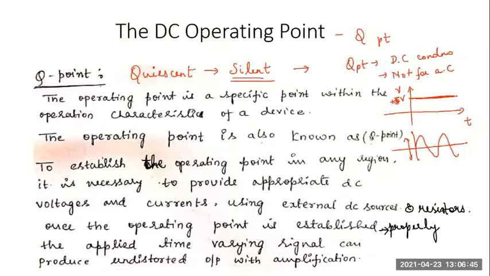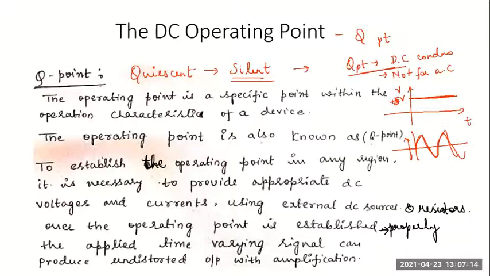Constant values often are silent, whereas in AC there is variation of the signal from minimum to maximum. It can create some noise. That's why we use the name silent point, because it is fixed with respect to DC conditions and not AC.